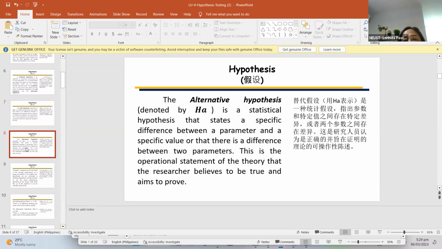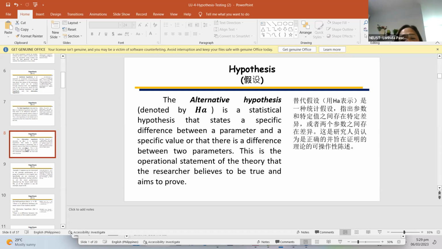So on the other hand, the opposite of the null is what we call the alternative hypothesis. So what is the alternative hypothesis? This is denoted by HA. So A stands for the alternative. So this is a statistical hypothesis that states a specific difference. So meron to, yung kanina yung null wala.